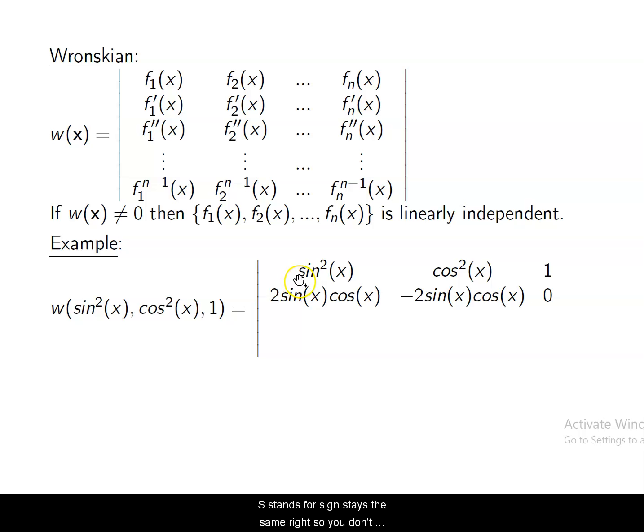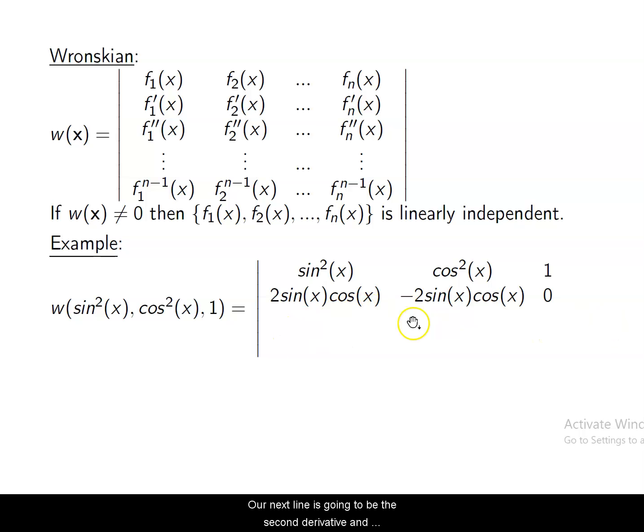S stands for sine stays the same, right? So you don't change signs. Here, same thing, but you have cosine. So C is for changes sign. So you have the cosine times the sine, and it changes sign, so it turns into a negative, right? That's how I remember it, at least.